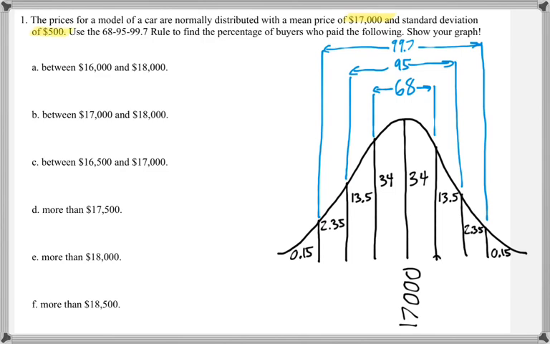So for every line to the right, I need to add $500, and then for every line to the left, I need to subtract $500.